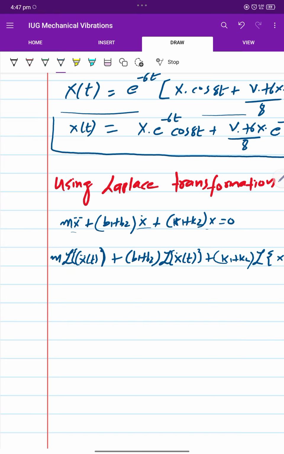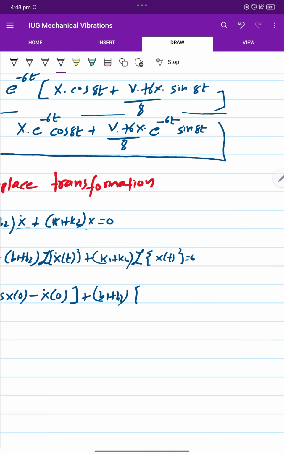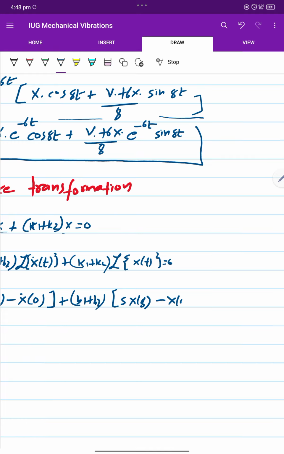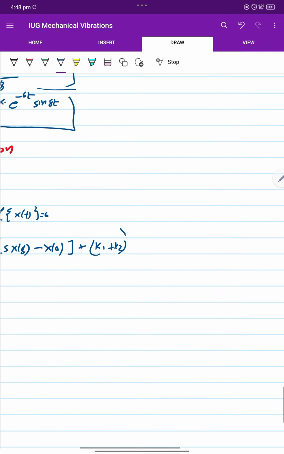If you take the Laplace transform of the double derivative, as we have seen in the properties at the beginning of this lecture, it becomes s square X of s minus s times the initial displacement minus the initial velocity at t equals 0, plus (b1 plus b2), which remains the same, and this becomes s X of s minus the initial condition, plus (k1 plus k2) into X of s, directly transformed into the Laplace domain.